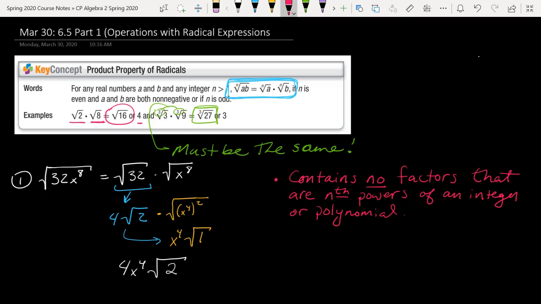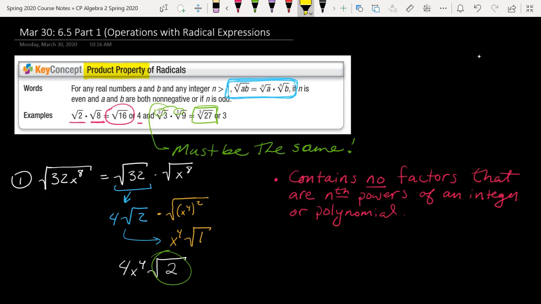We made sure that we didn't have any perfect squares in both the coefficient portion and the variable portion. We took all of those out of the radical, and that left us with just the square root of 2 inside the radical. That's the only thing that if we tried to take its square root, we wouldn't end up with either an integer or just some variable raised to a power. That's our entire mission in simplifying nth roots.